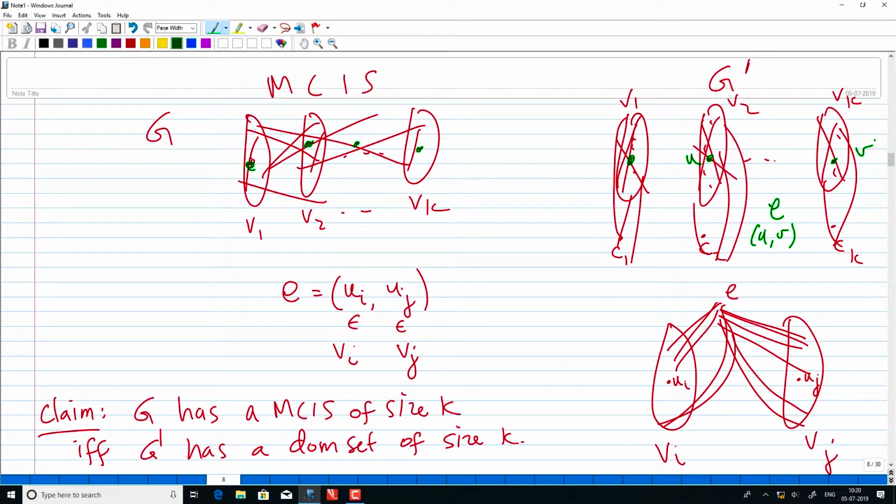And why is it an independent set? The same reason: these k vertices dominate the edge vertices. That means that if it is not independent, if you have an edge ij, then the corresponding edge would not have been dominated by whatever green vertices you picked here. Okay, so it's more or less the same forward direction proof can be pushed back for the reverse direction as well.